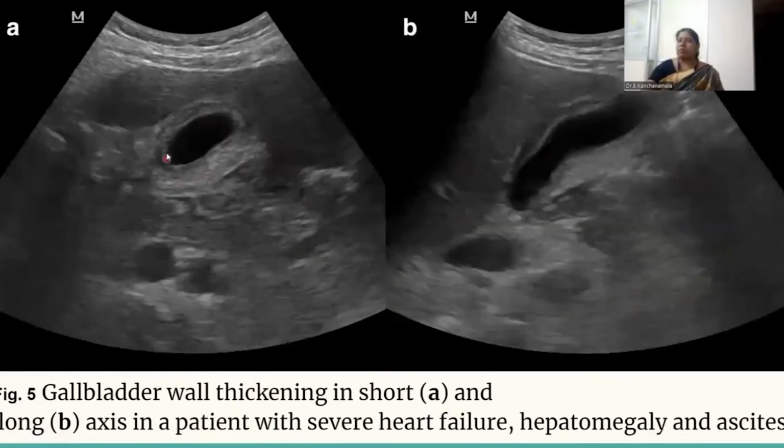This also helps in differentiating the various causes of pain in the right hypochondrium. Whether it is caused by inflammation of the gallbladder, or sludge, or stones that are present, cholelithiasis, or any obstruction or polyp, all of those can be identified by the ultrasound.